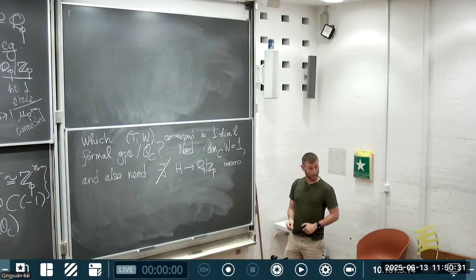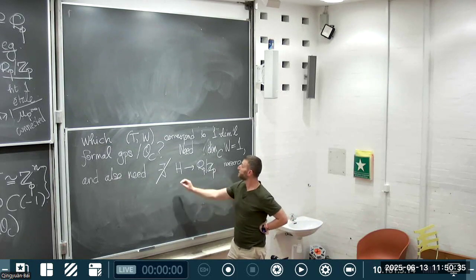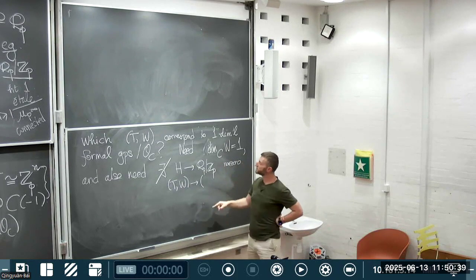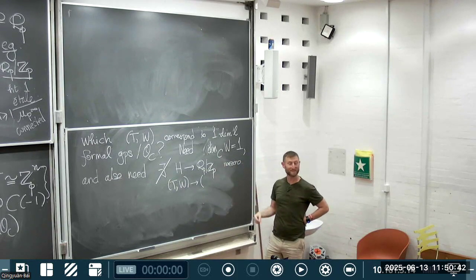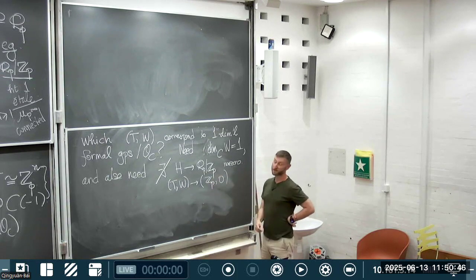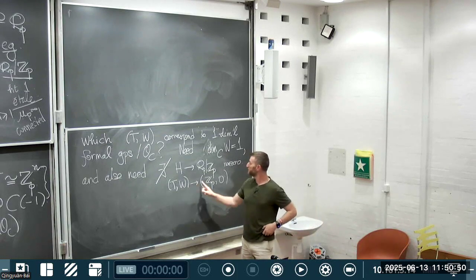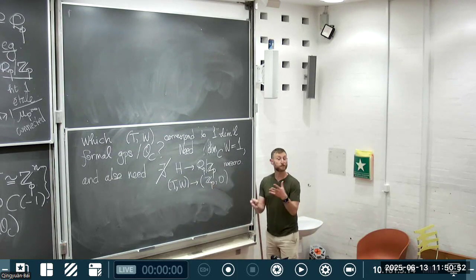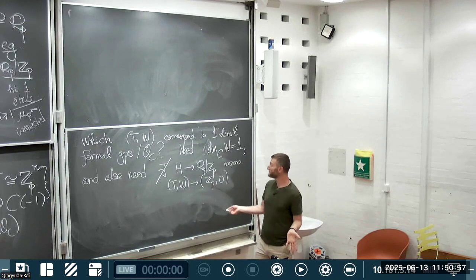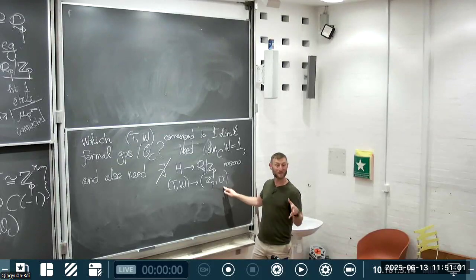Think about what that would mean. In terms of the pairs T comma W, we have T, W over here, and this would map to, okay, what's the Tate module of Q_p mod Z_p? It's just Z_p. So this map from T to Z_p would be like a linear form on T, which is non-zero. And that non-zero form would have to vanish on W.